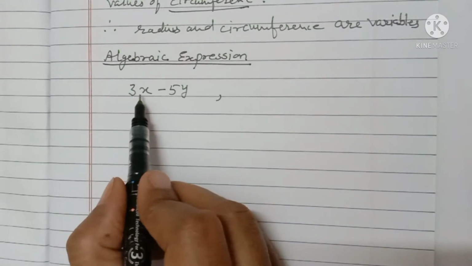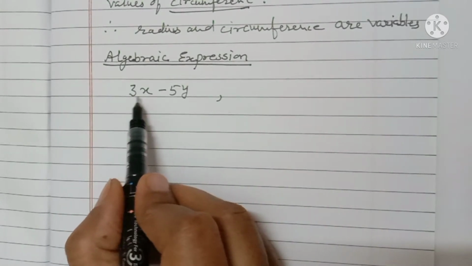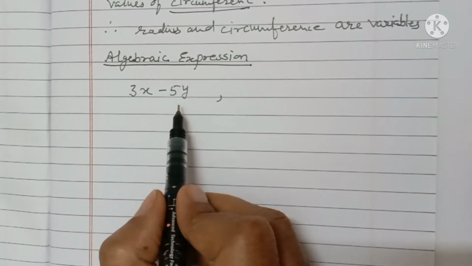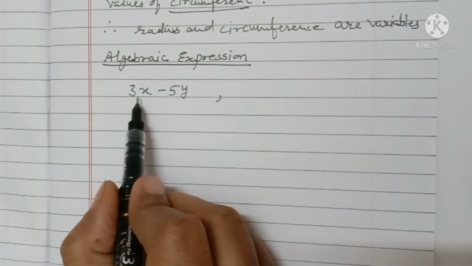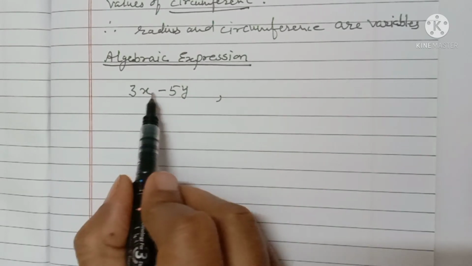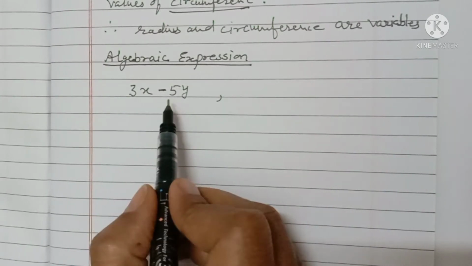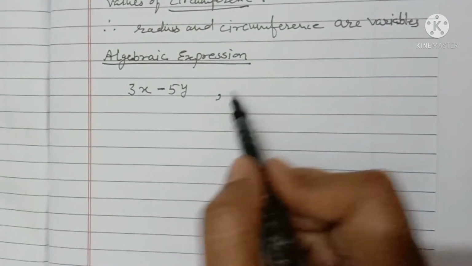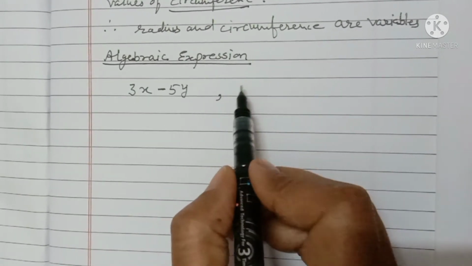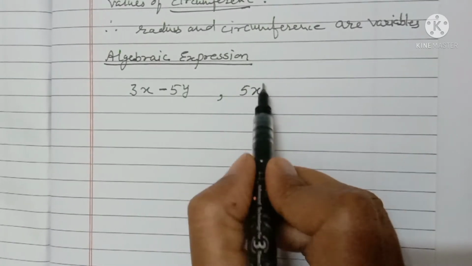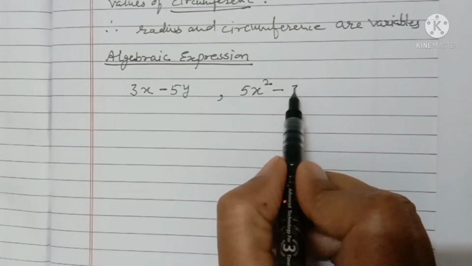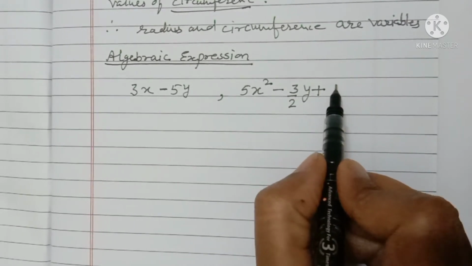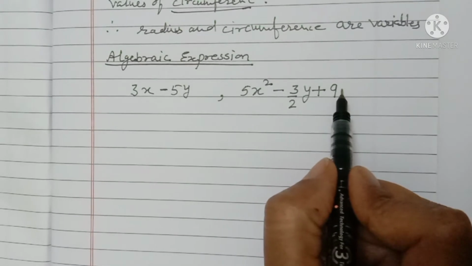You are watching here constants 3 and 5 and variables x and y, and the constants and variables are connected with the minus sign. Another expression, suppose 5x square minus 3/2y plus 9y.